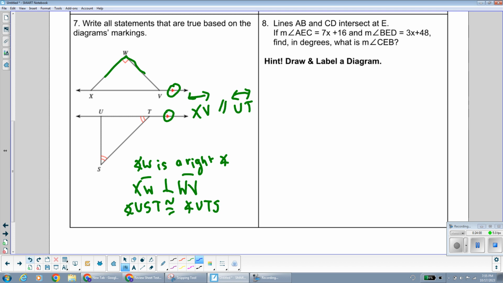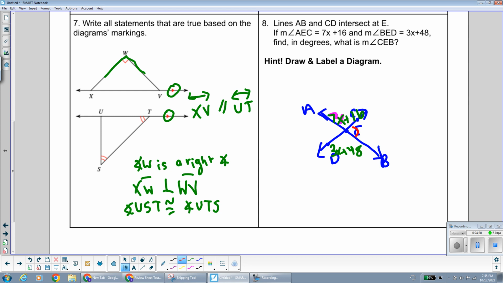In 8, it says lines AB and CD intersect at point E. If the measure of angle AEC is 7x plus 16, and the measure of angle BED is 3x plus 48, what is the measurement of angle CEB?